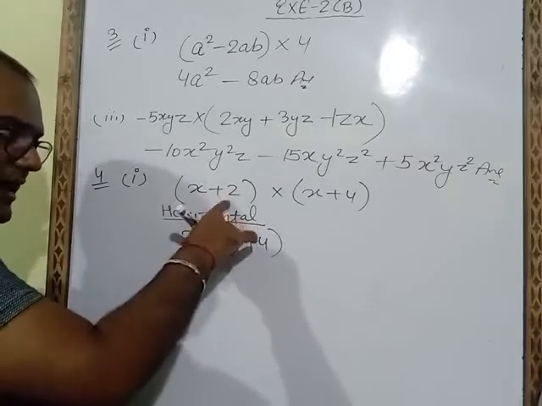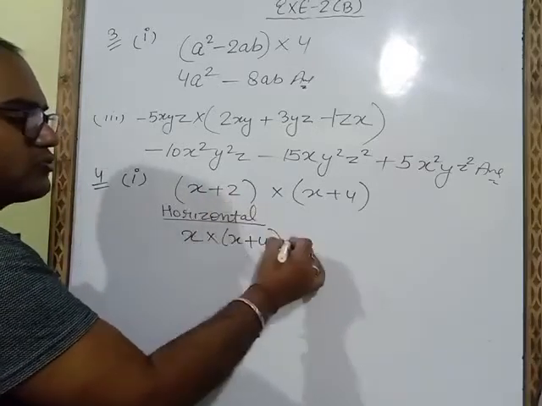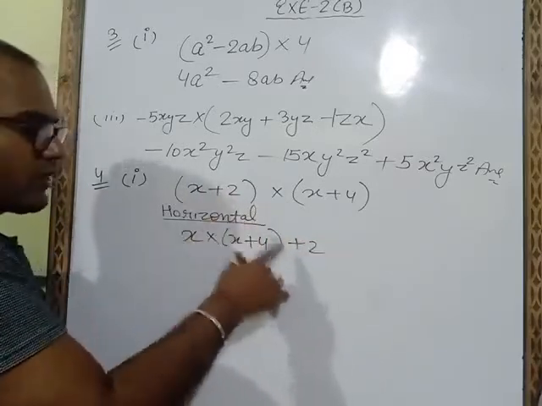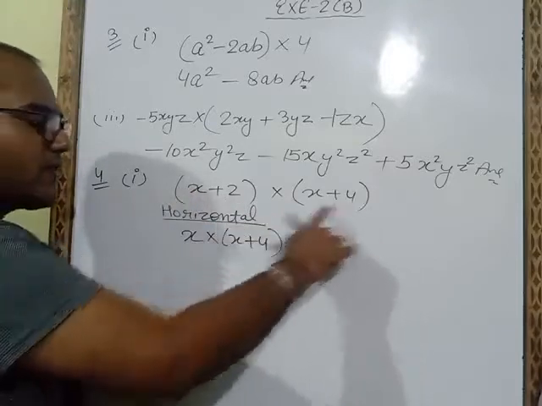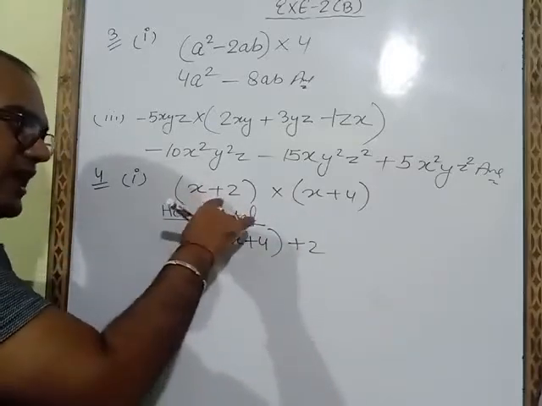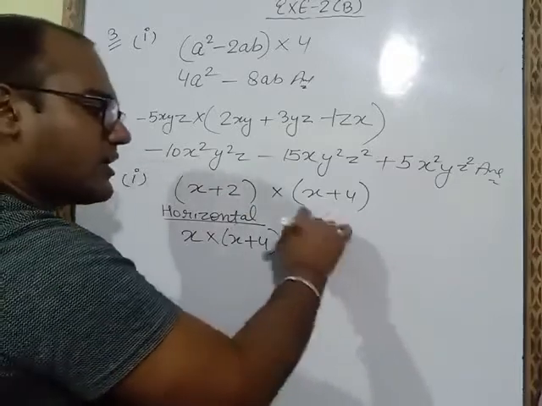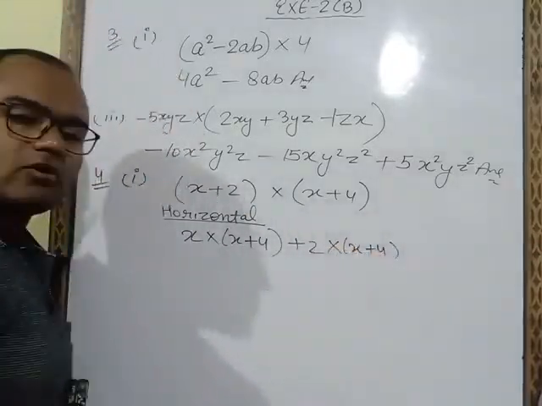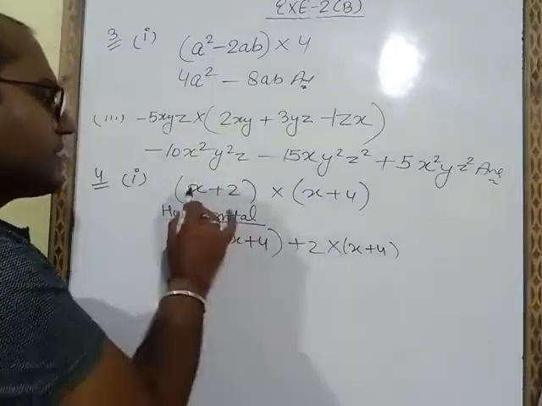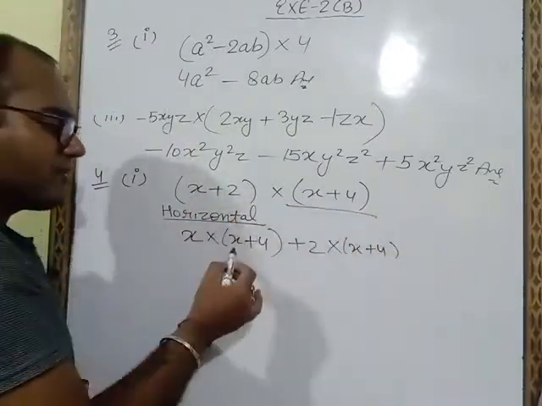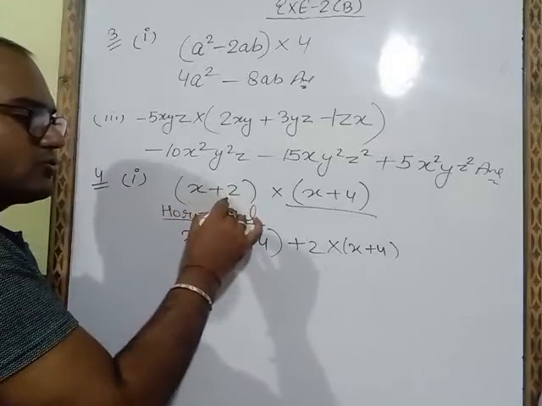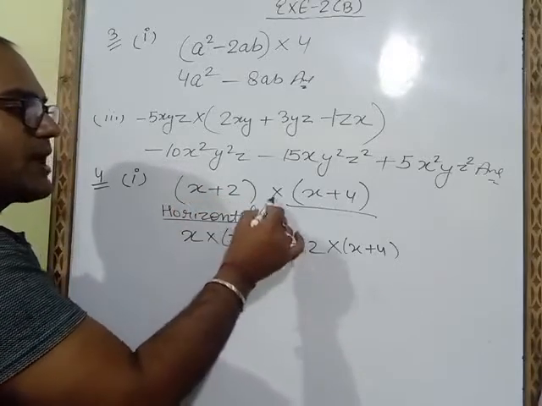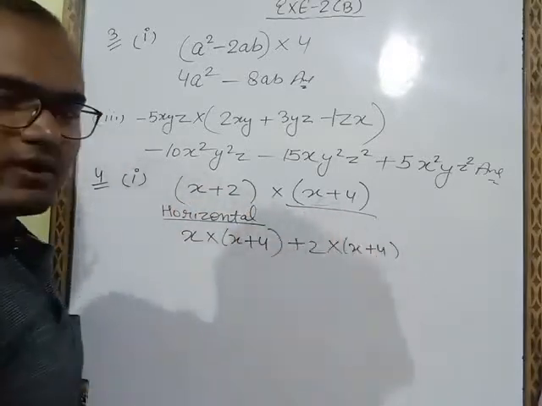Now the second term, that is plus 2, the sign also we have to take. First term multiplied with the full bracket, here we write. Now the second term multiplied with this full bracket again, we will write afterward. So in the horizontal method, first term multiplied with the full bracket, we will write here. Plus 2, second term, multiplied by the x plus 4 full bracket, we will write here.